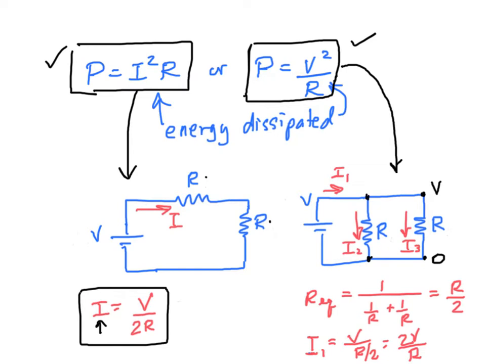Over here, since I have a parallel circuit, remember from a previous screencast how you solve for the equivalent resistance in a parallel circuit: the reciprocal of the equivalent resistance is equal to the sum of the reciprocals of the individual resistors. So I just put that all into one equation over here on this side.